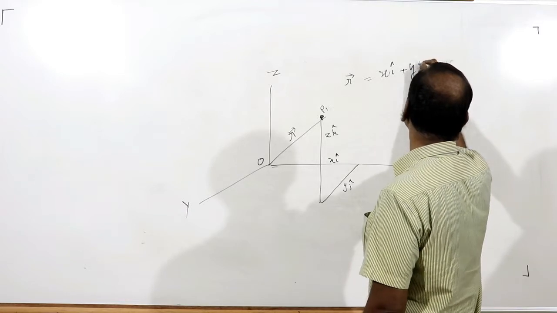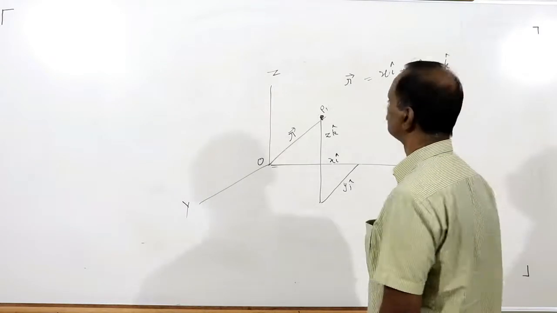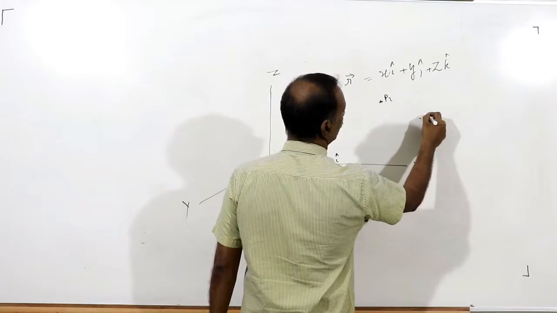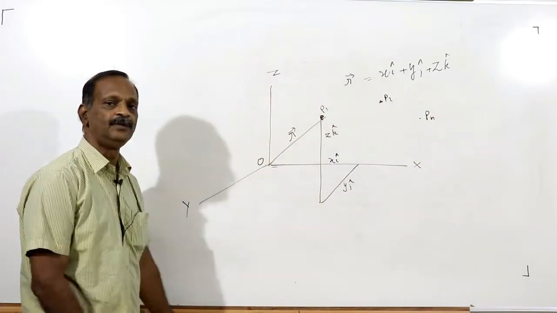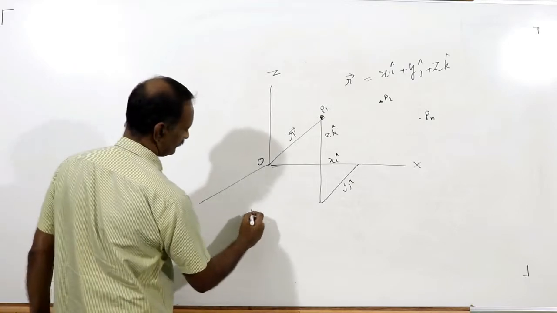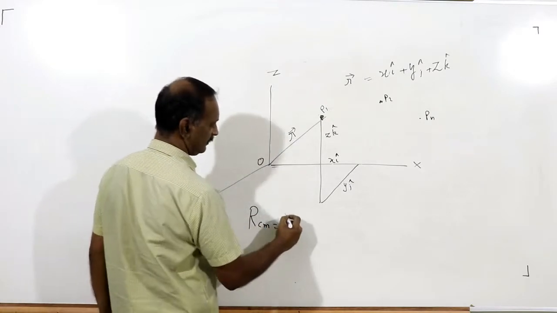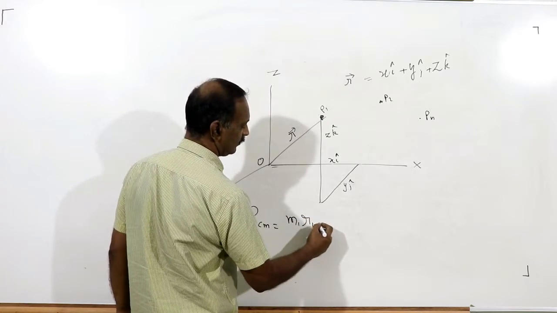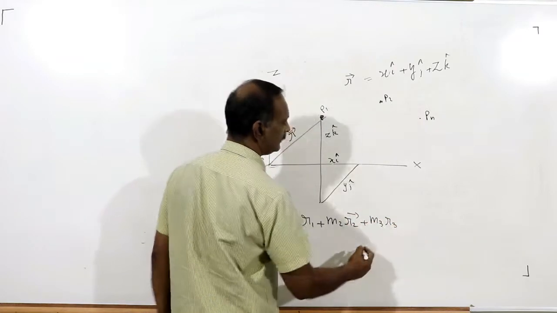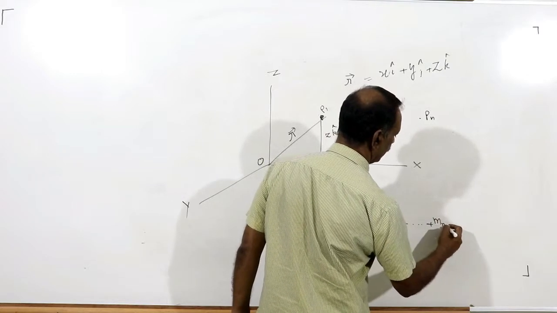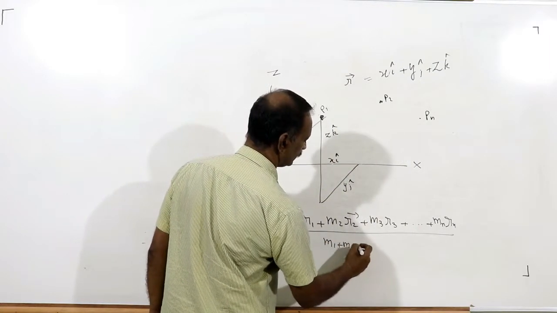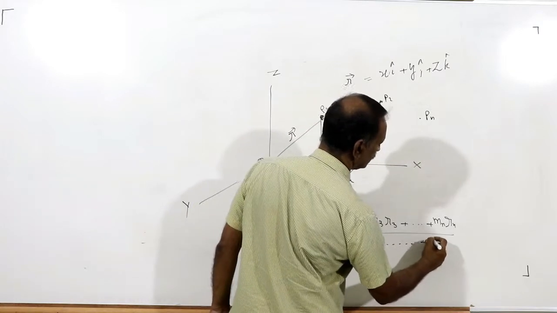In this case, if there are n number of particles, P2 up to Pn, and we want to find the center of mass about r, we can write rCM is equal to m1 r1 plus m2 r2 plus m3 r3 plus up to mn rn, divided by m1 plus m2 plus m3 plus up to mn.